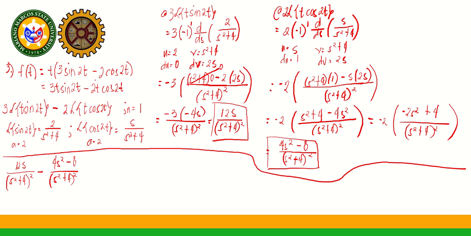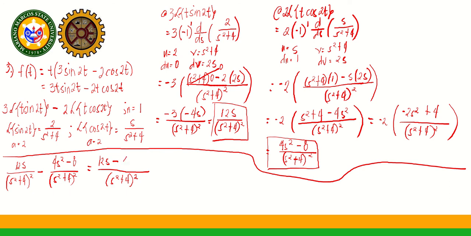Ito, this is our function na working equation na sinasolve natin. So this will be equal to getting the LCD, that is s squared plus 4 quantity raised to 2. So this is equal to 12s, since s squared plus 4 quantity squared divided by this one is equal to 1. Multiplied by the numerator is still 12s, minus this one divided by this one is negative, I'm sorry, that is 1 multiplied by this term.